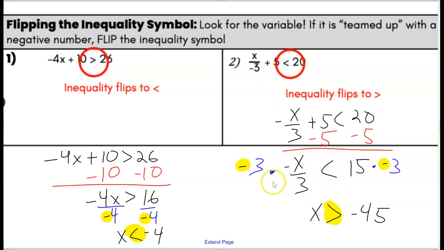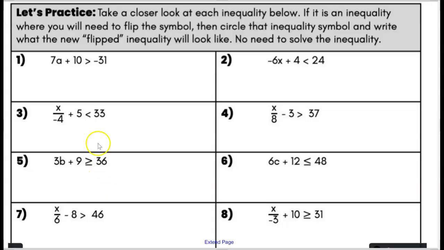So by the time we get to that part and we work that negative number here, you got to change the inequality sign. So on these next few problems, you don't need to work them out. All you need to do is just tell me, do you need to flip it or do you not? So go ahead and pause the video here and tell me between 1 through 8, which ones do you need to flip and which ones do you not?